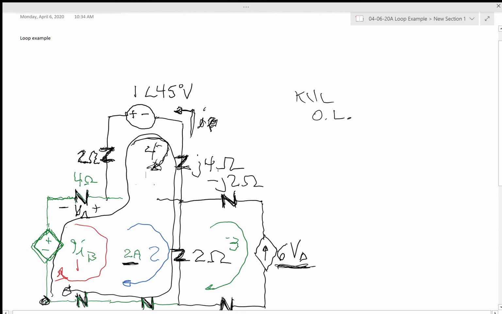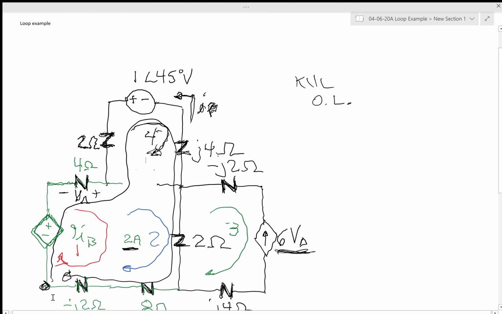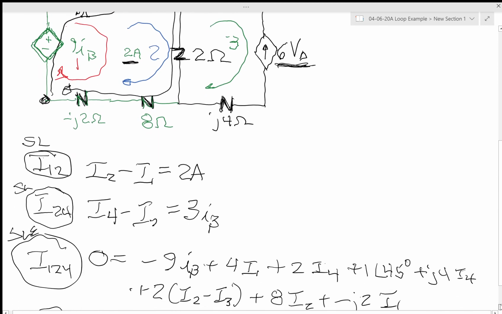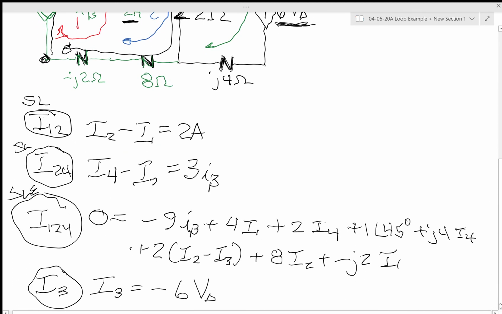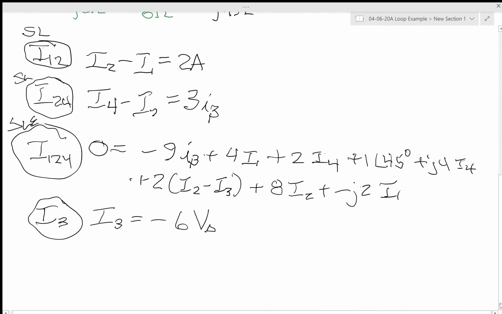So I need to say that I beta equals minus I4, or vice versa, whichever one you want to write down. So this is my I beta equation.